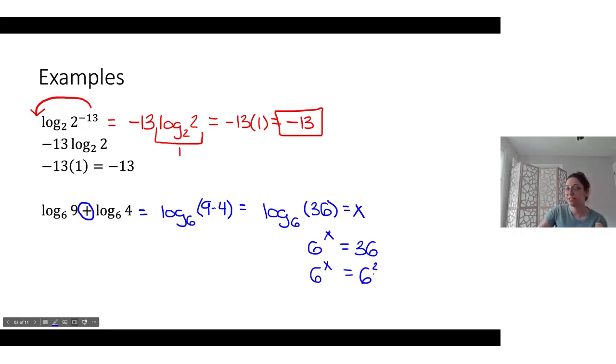So if 6 to the x equals 6 squared, x equals 2. So our original expression reduces all the way down to 2.